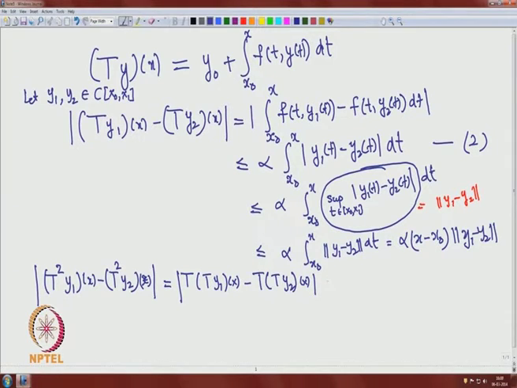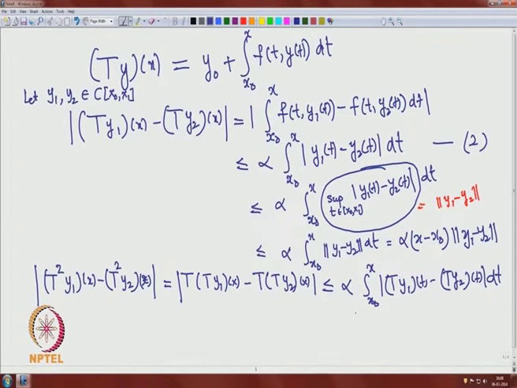So, this is less than or equal to, if I use 2, alpha times integral x0 to x of absolute value of T of y1 of t minus T of y2 of t dt.